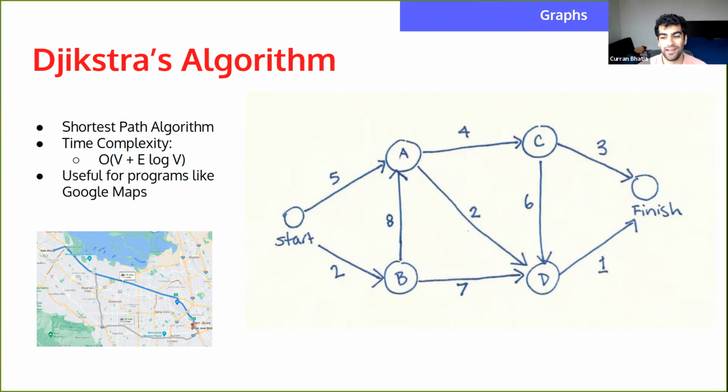No, I'm just kidding. It's a little complicated, and there are specific ways. I think this particular time complexity is only if you use a Fibonacci heap, but oftentimes it's just the vertices squared that is the time complexity if it's not used in this manner. So yeah, that's my plug for Dijkstra's.